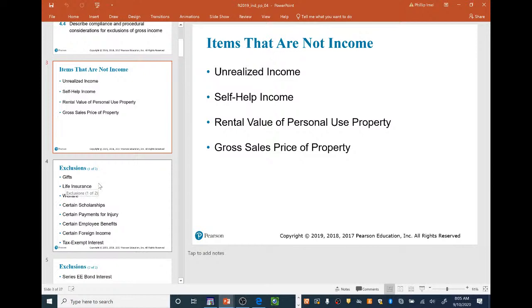Okay, let's first talk about some items that are not income. We'll start with unrealized income. So what exactly is unrealized income? Let's start with an example. If the value of a certain stock held by the taxpayer appreciates from $10,000 at the beginning of the tax year to $25,000 at the end of the tax year, then that $15,000 unrealized income is not subject to tax.